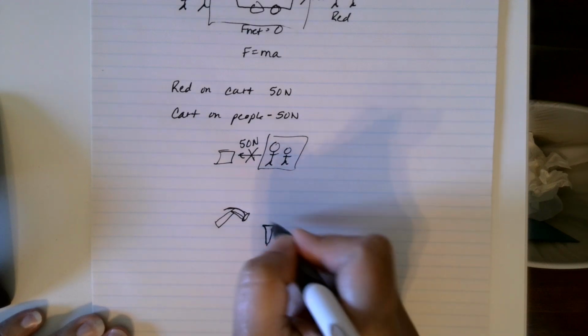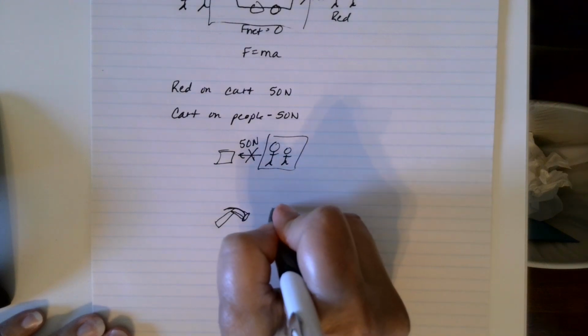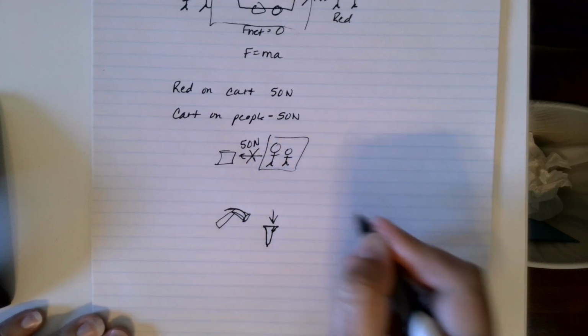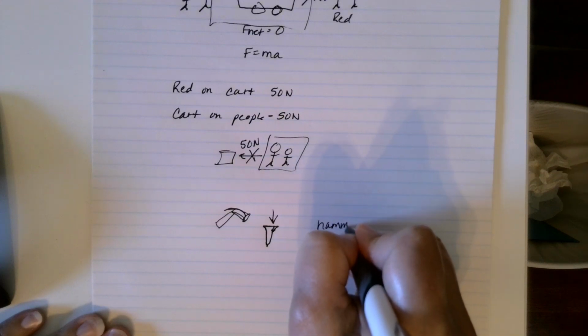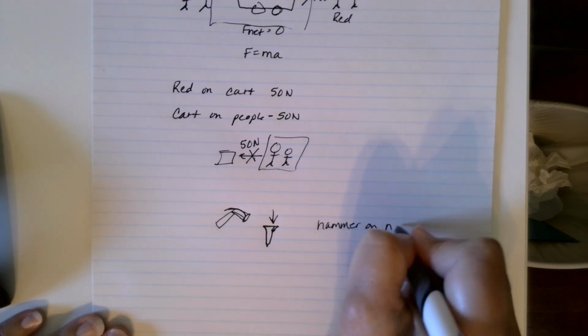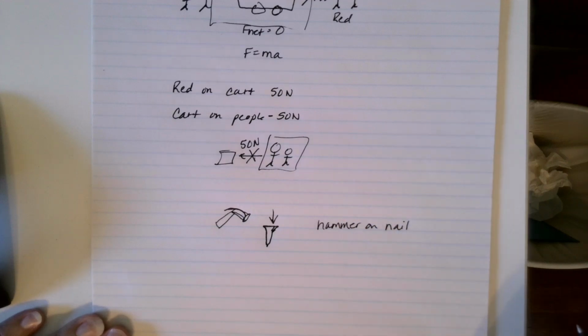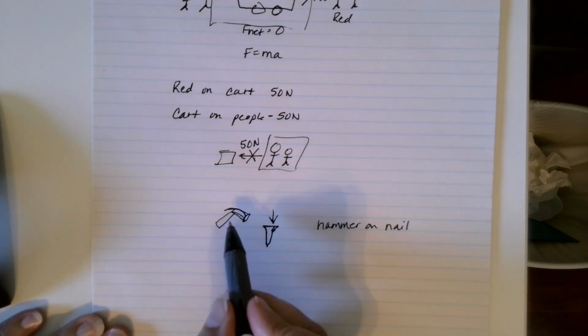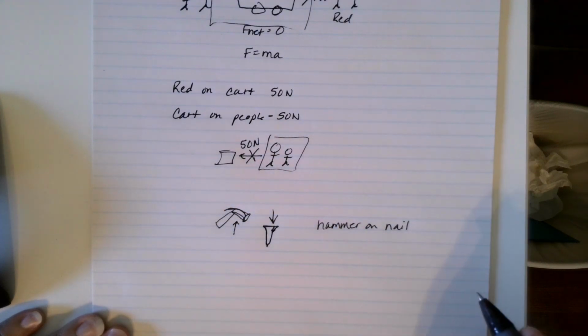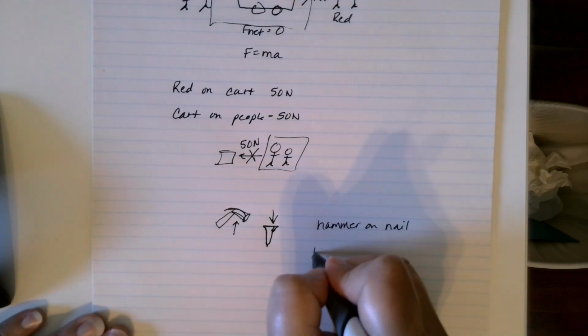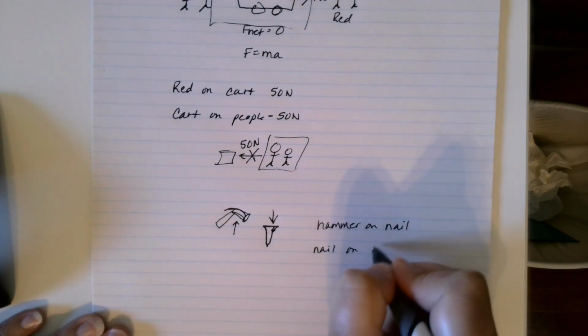In the picture of the nail, I would have a force acting on the nail by the hammer. So I would have hammer on the nail. Then I would need a picture of the hammer showing the nail exerting a force back up on the hammer. So nail on hammer.